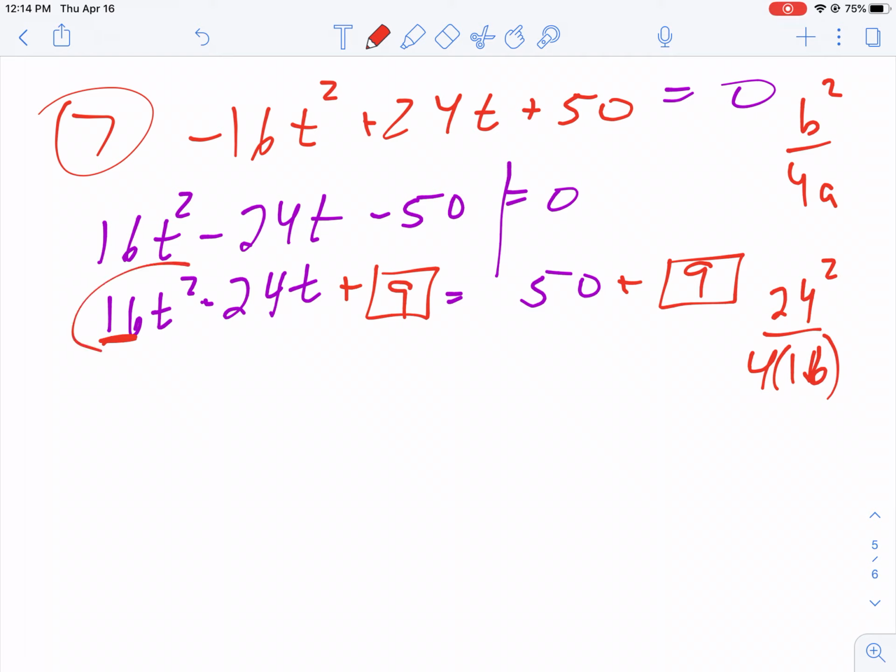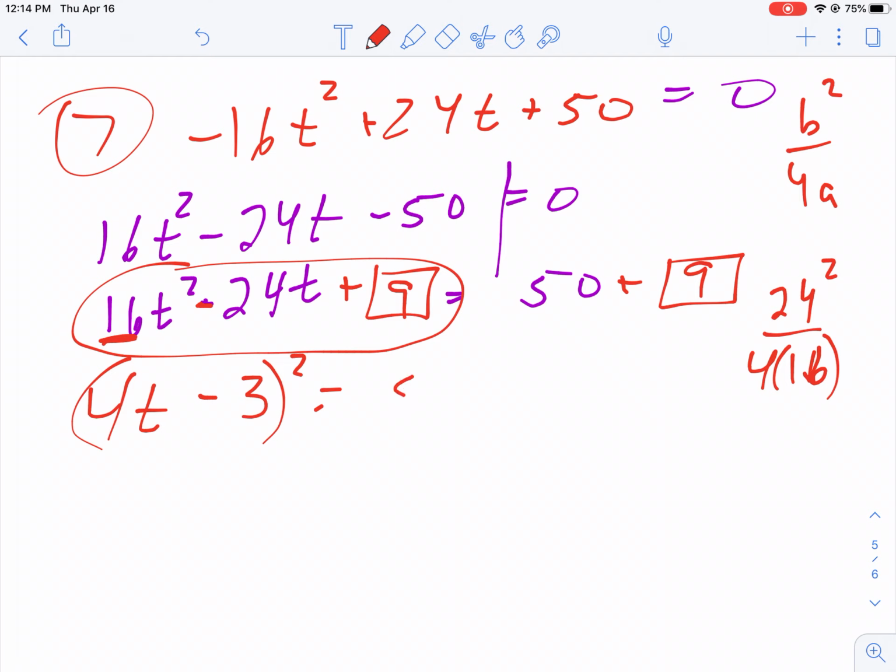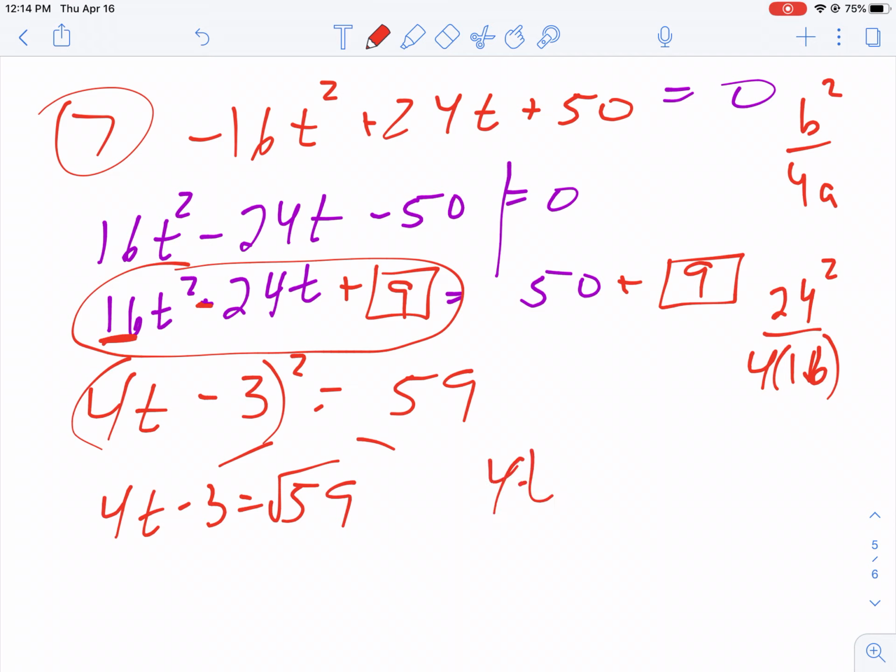Now, with this being a perfect square trinomial, 4t minus 3 squared equals 59. Then this is going to break off into two equations. So 4t minus 3 equals square root of 59, and then 4t minus 3 equals negative square root of 59.